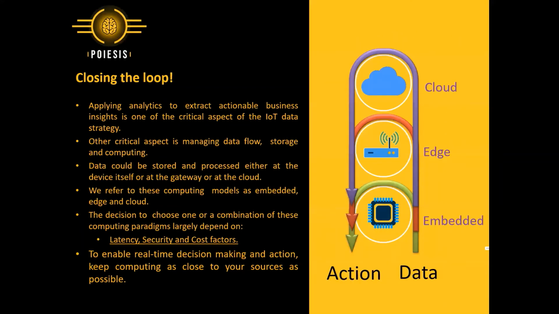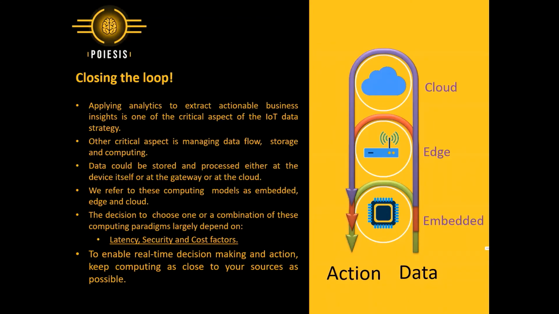So based on our discussion so far, we know that applying analytics to extract actionable business insights is one of the critical aspects of the IoT data strategy. Another critical aspect is managing data flow, storage, and computing. Data could be stored and processed either at the device itself, or at the gateway, or at the cloud.